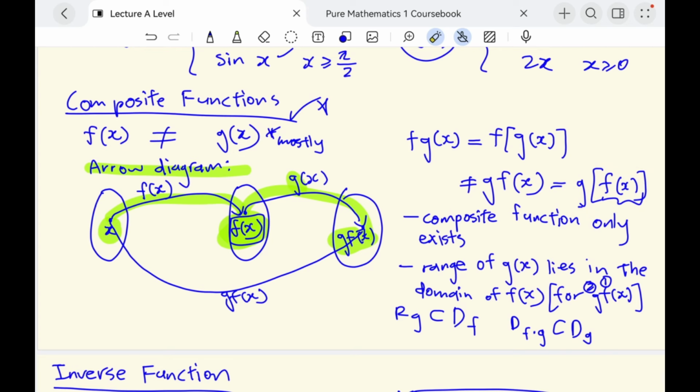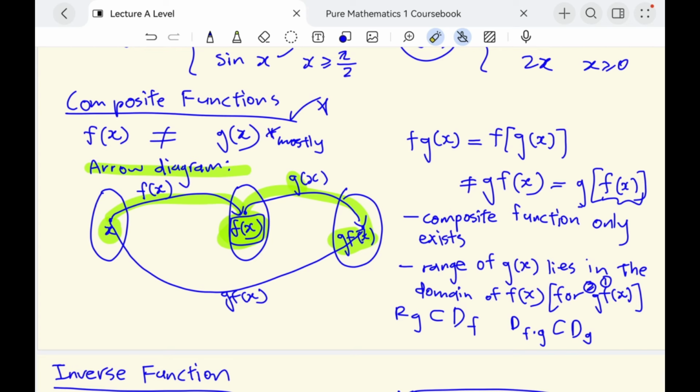So what is the condition to form the composite functions? Of course, you need to obtain the domain of fx and the domain of g by looking at the range and domain. So what is the condition? Okay, the composite function only exists when the range of gx lies in the domain of fx. Let's say your fx is a trigonometric function, but I want to map it with a quadratic function.